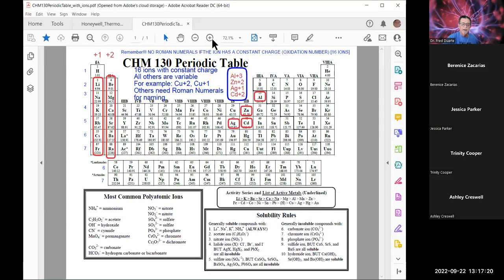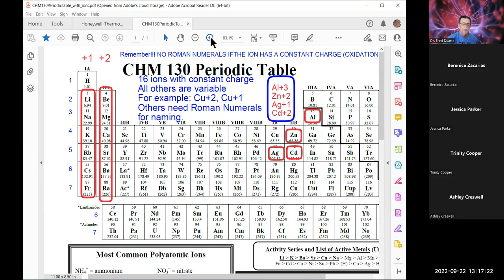What that's saying is that if we compare, let's say, the IE for lithium versus potassium, the ionization energy for lithium is greater than for potassium. Let's walk this through.